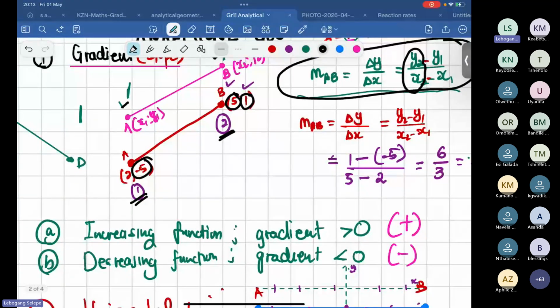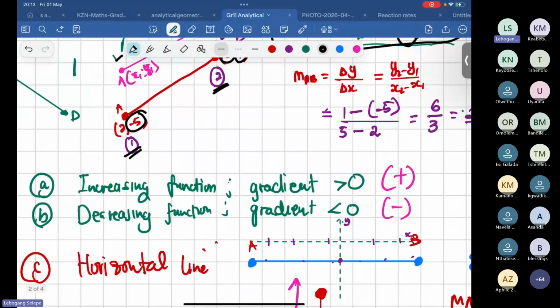Then we come to remind each other about how the gradient is supposed to be when you have an increasing function versus a decreasing function. What is the decreasing, increasing function? We're just talking about the straight line, whether it's going up, that's increasing, or it's going down, that is decreasing.